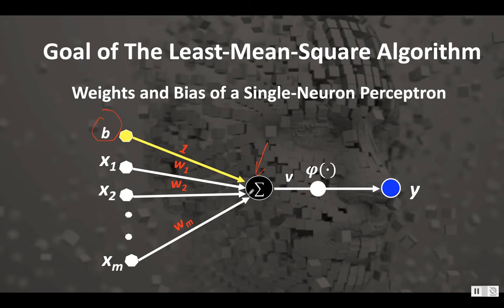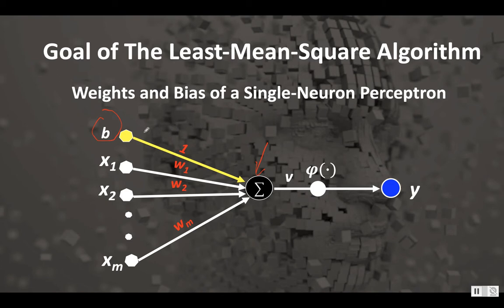As we introduced in the previous chapter, our goal is finding the optimal weight and bias so that the single neuron perceptron can perform its basic function in separation or classification. The extra input b is multiplied by 1 and then summed with the other products in the neuron. We need to find the optimum b.